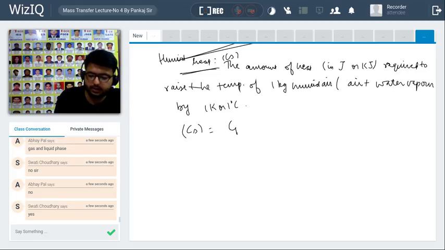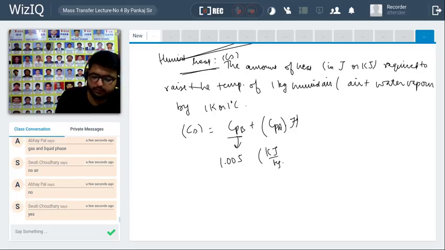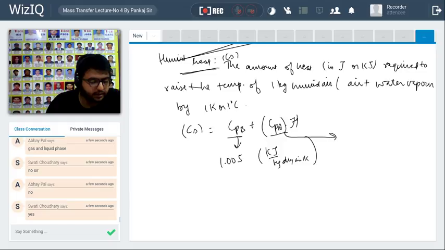CS is equal to CPB plus CPA into H. CPB means the specific heat of air, which is 1.005 per Kelvin for dry air. CPA is the specific heat of vapor, that is water, 1.88, and H is humidity.